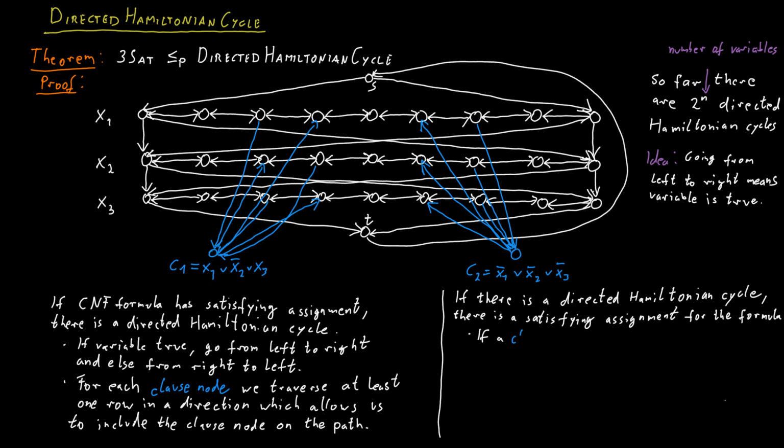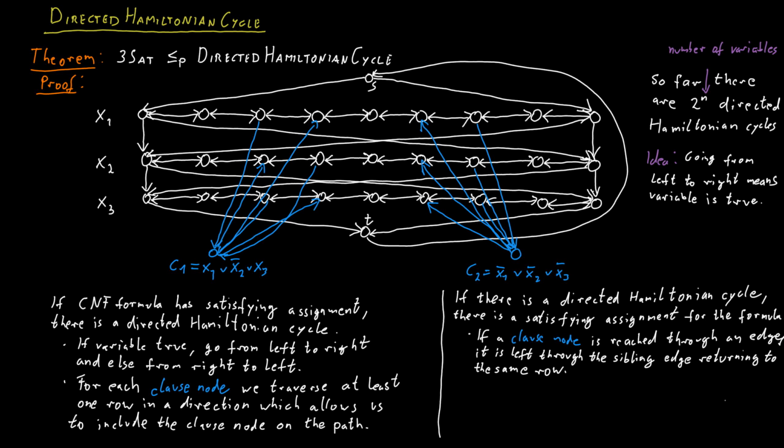It's not possible to enter the clause node through some edge and then not leave the clause node through the sibling edge, but instead use some other edge that jumps completely to a different line. The reason why this doesn't work is because we would never be able to get back to the initial line. The directed edges only allow us to go from one line to the next at a time. We will not be able to go back before we have to return to the start vertex S.